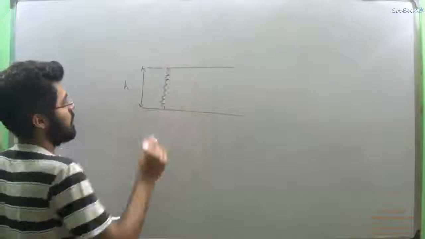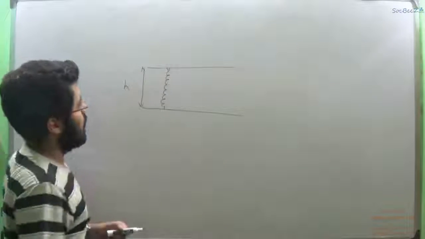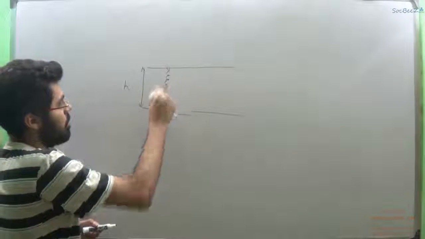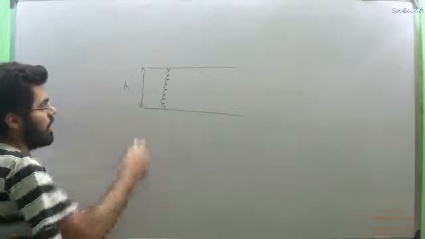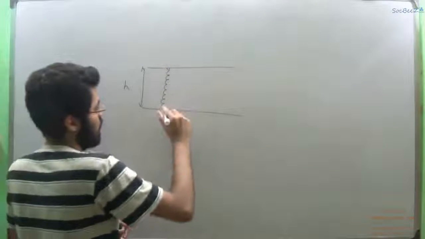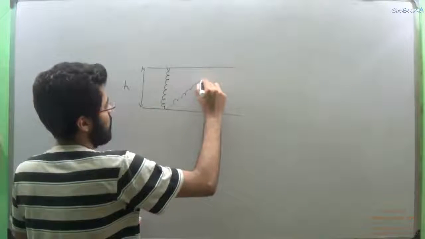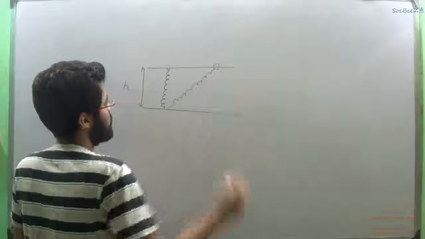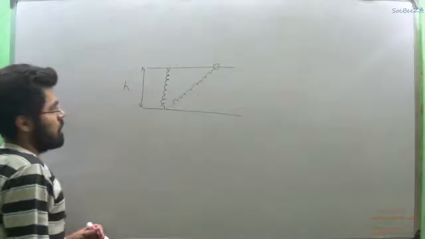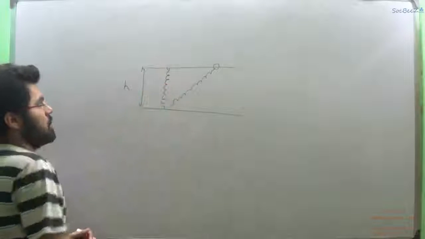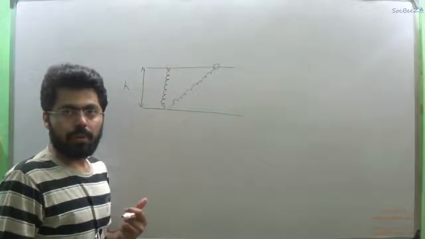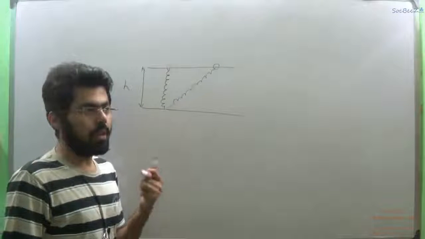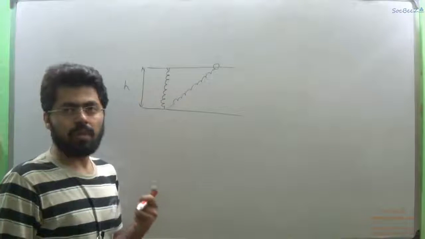The ring is such that it has encircled the upper beam, so that if we drag the ring, the spring will get a shape like this. So, this length h is the natural length of the spring. It means a position where the potential energy of the spring is 0.